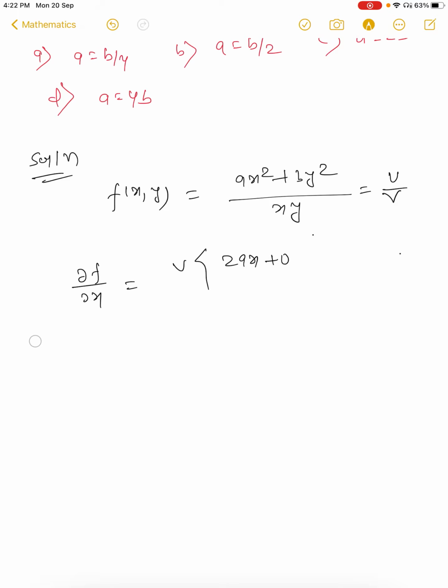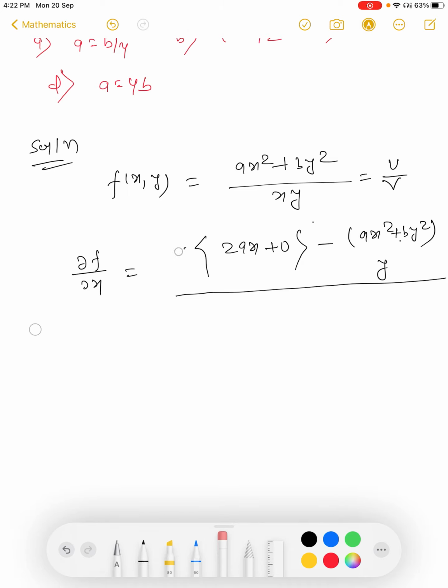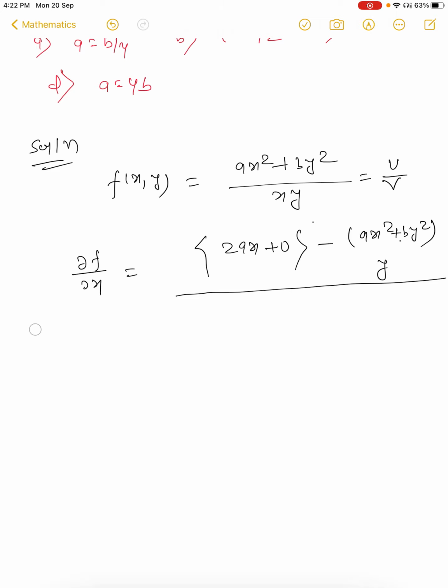So the derivative is (2ax + 0) minus (ax² + by²) times y, upon v, which is (xy) all squared.